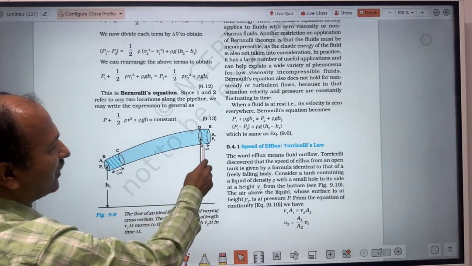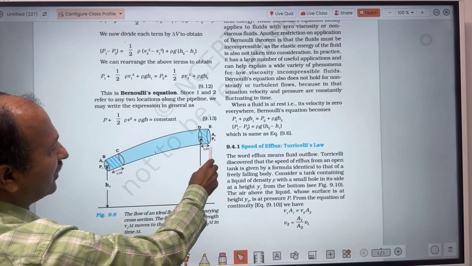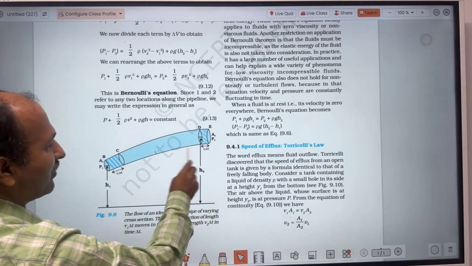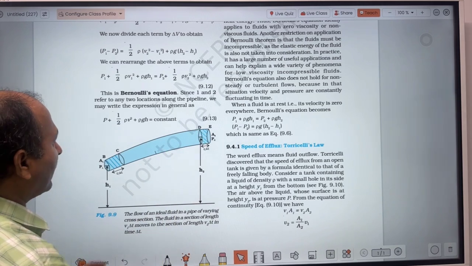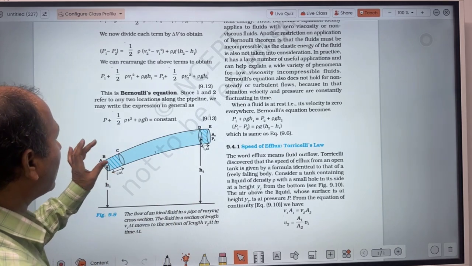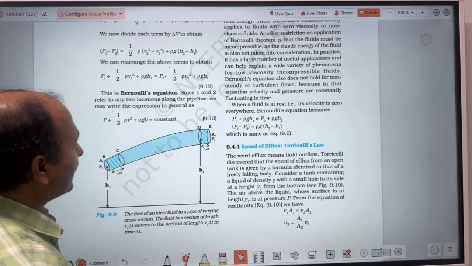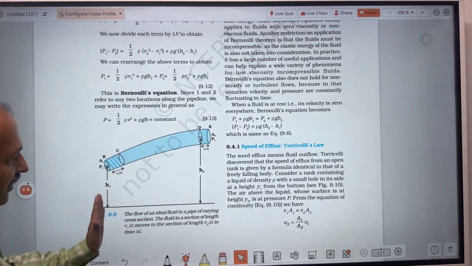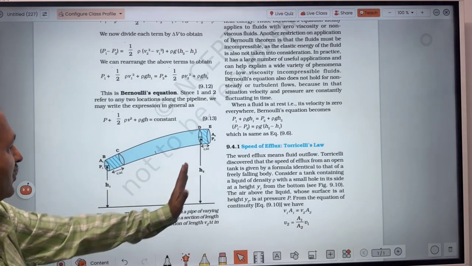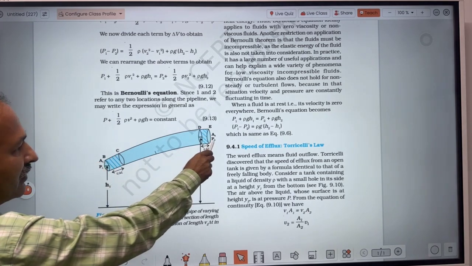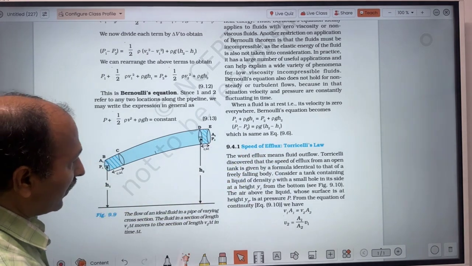The same volume we have to consider in portion DE: area into velocity into time. Time will remain the same. Velocity may differ because of the area of cross section, which is different at these two points. And the heights are as shown here, this is H1, this is H2. If the pressure here is higher than at this point, only then will the liquid flow.